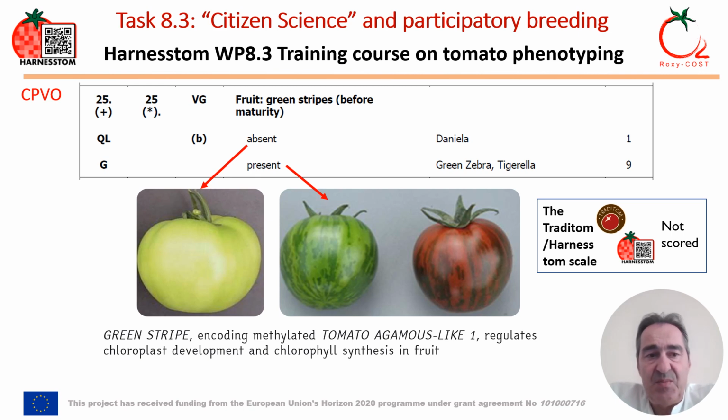This trait is typical of few varieties or genotypes like green zebra and tigerella, which are mentioned by the protocol, and is detectable even in the ripe fruit. Being due to a single gene and not showing large phenotypic variation, we did not adopt it in our screenings, but just recorded its occurrence when it was evident.